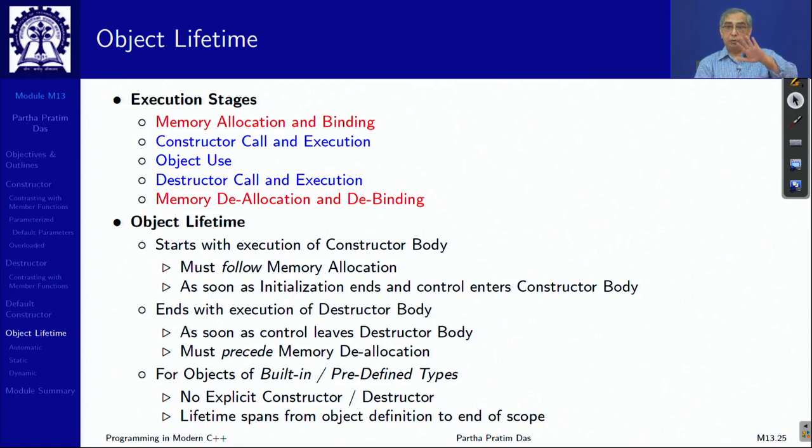At the top level, first the memory has to get allocated and bound for this object, then the constructor has to get called and executed, then the object is ready and will be used, then the destructor will be called and executed. So, destruction is done, then it has to be debinding and deallocation for the whole thing.